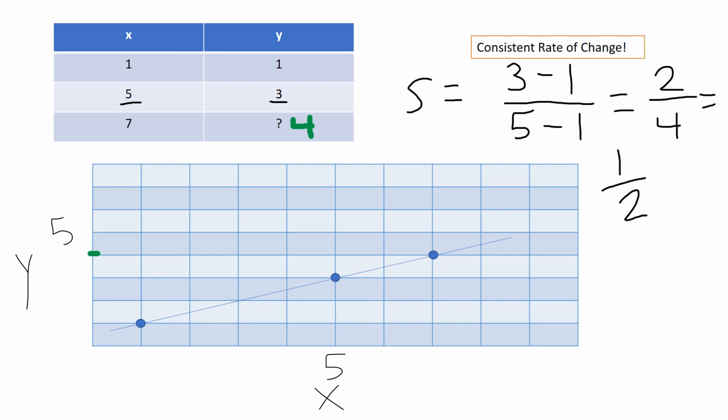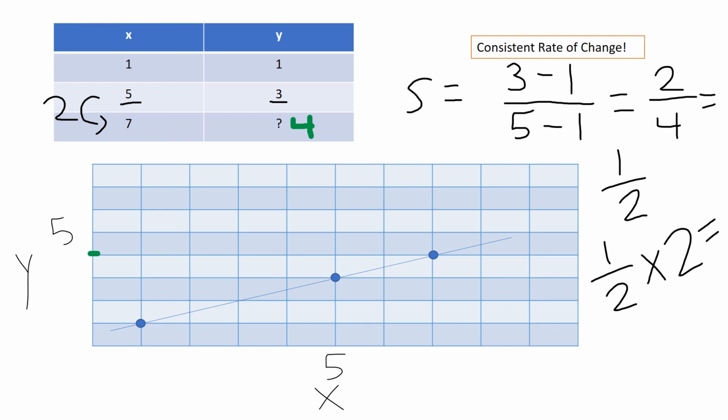So that is true. So now we want to figure out what the y was at the bottom, which is 4. But if you don't draw, you can do it this way too. So if we're going up from 5 to 7 by 2, then you want to multiply your 1/2 times 2, because for each time we go up x by 1, we go up by 1/2.